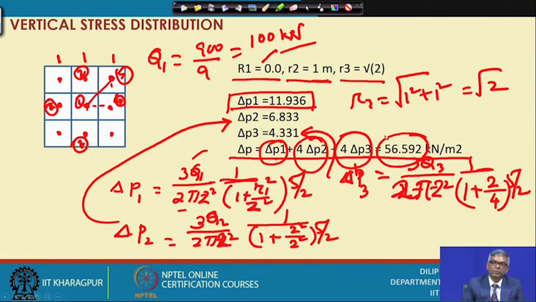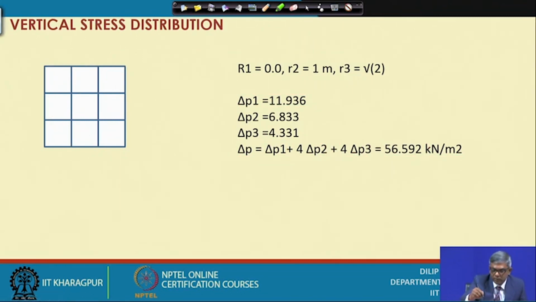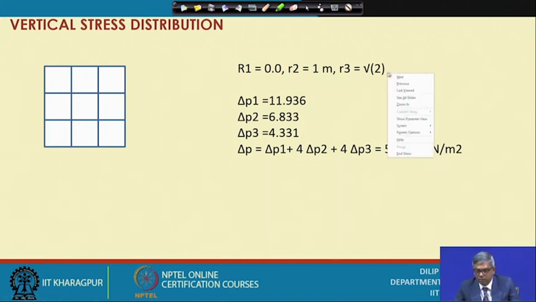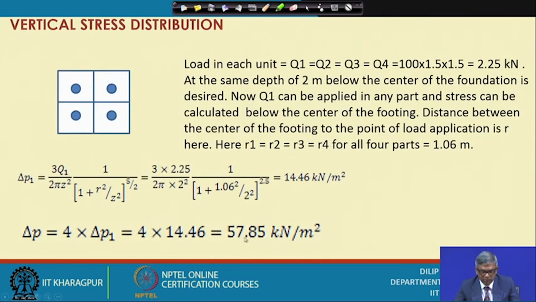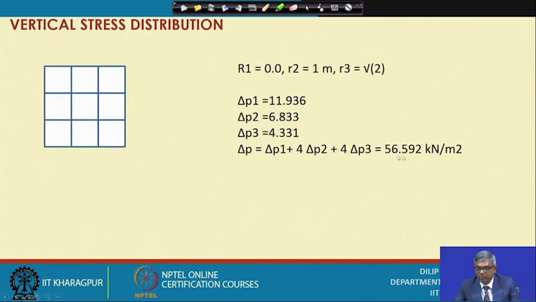You can compare that previously, when I divided into 4 parts only, I got quite close, 57 point something. I can show you again: this is actually 57.85, whereas we are getting here 56.59, that is quite close.